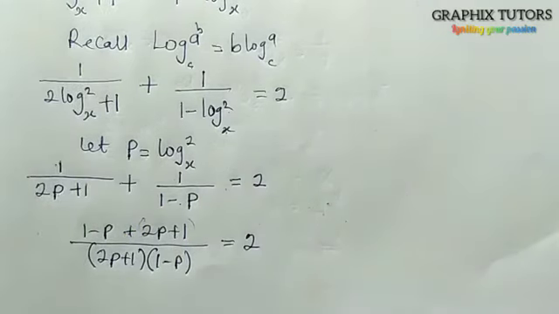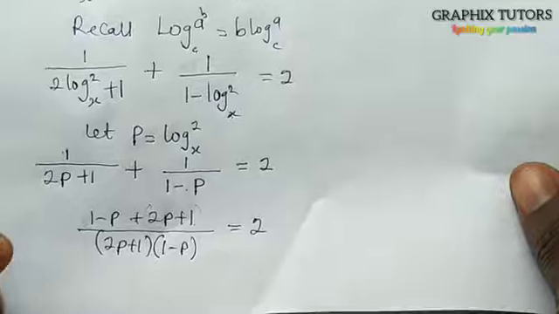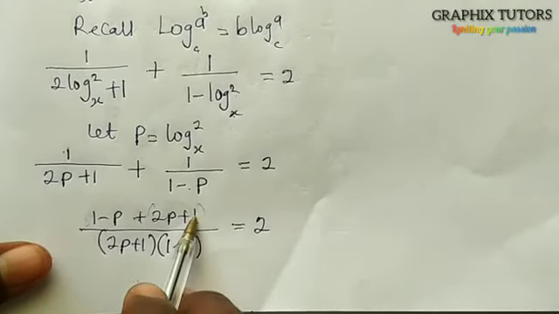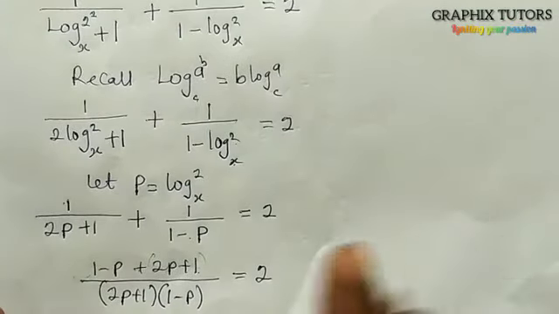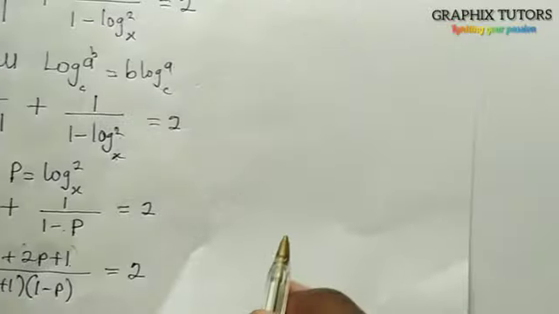Now, if I move forward from here, from what we did here, this is 1 plus 1 is 2. So I'm going to write down my 2, right? Then minus p plus 2p is like saying 2p minus p. That'll give me p.